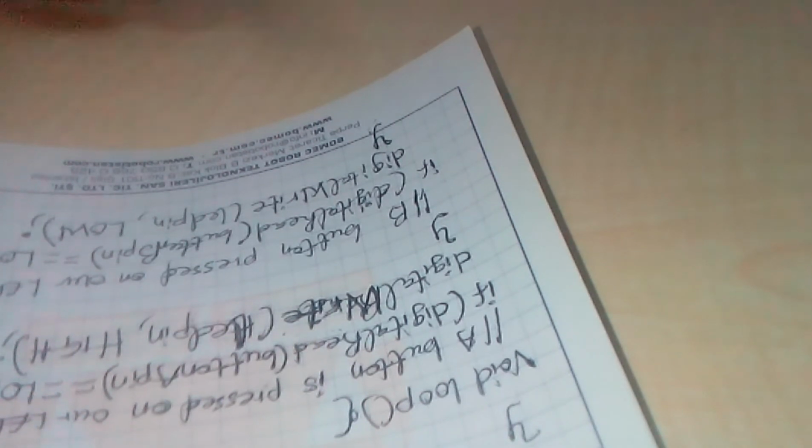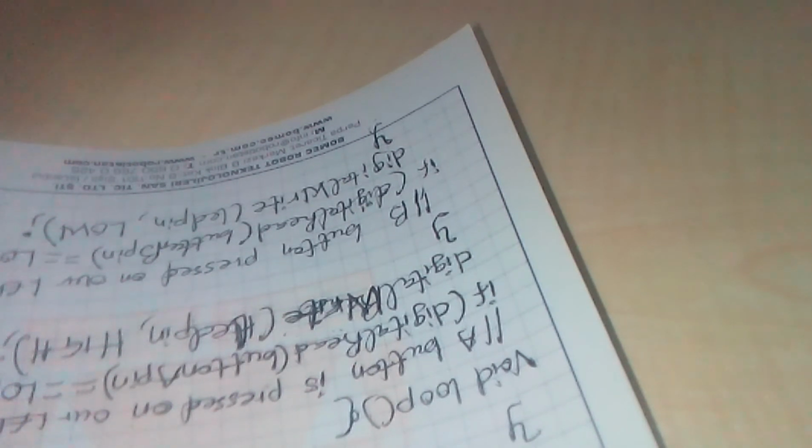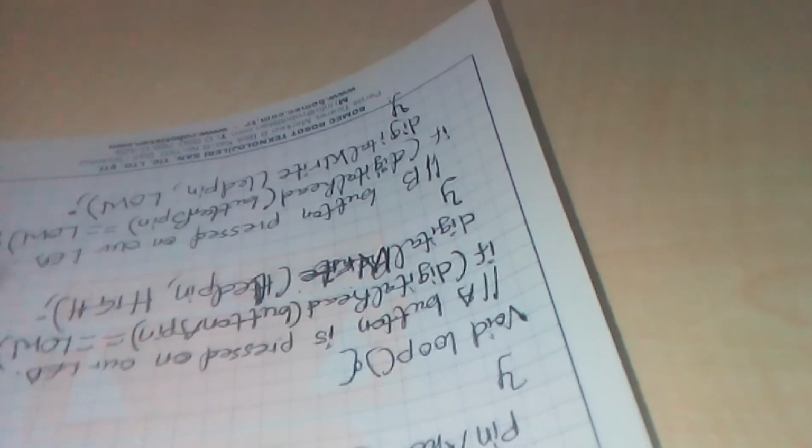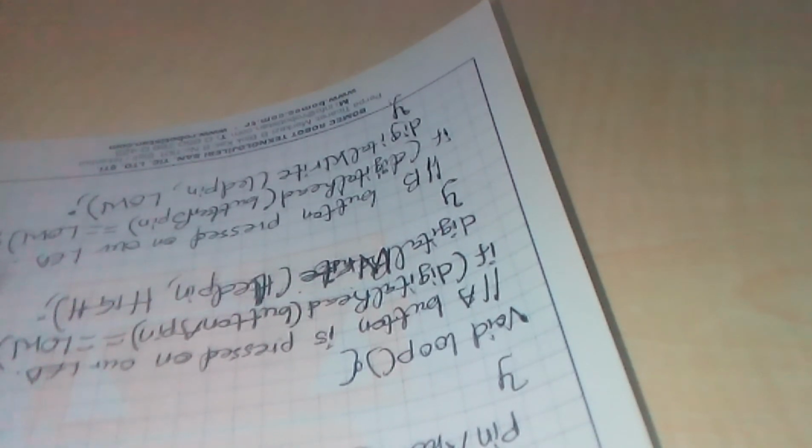That means when you press the S1, it's going to blink. When you press the S4, it's going to turn off. We are going to use these two button pins, the 8 button pin and the 9 button pin, which correspond with the S1 and the S4, to control our LED.